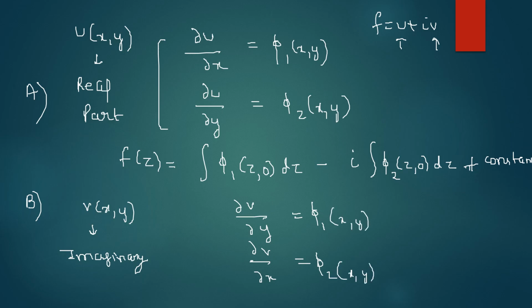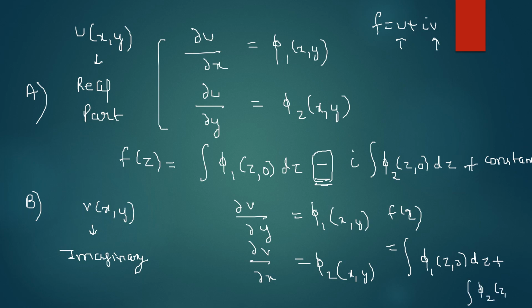Once you get these partial derivatives, then you find the function similar to the above function, which will be integration of phi1. You have a minus sign here, right? But in the case of the imaginary part, you will have a plus sign: phi2(z, 0) dz plus a constant.